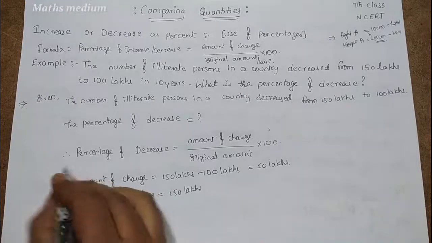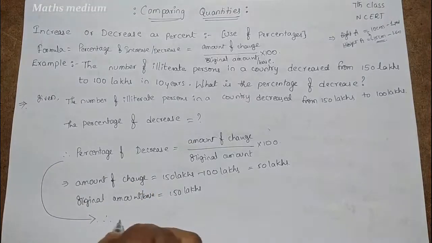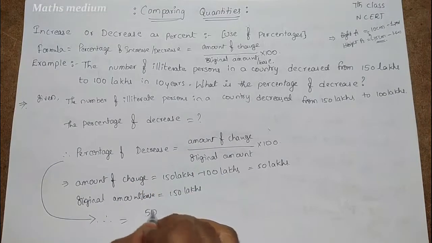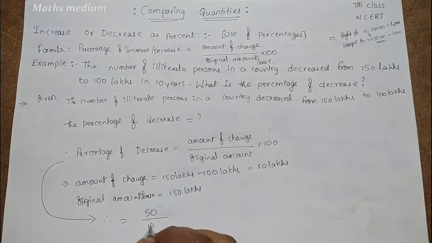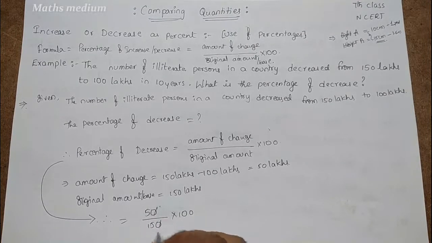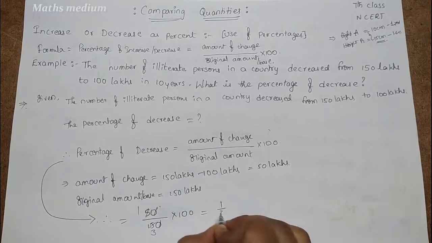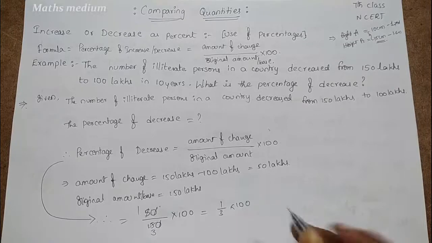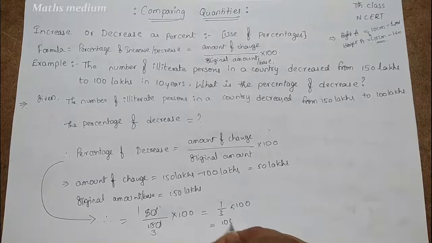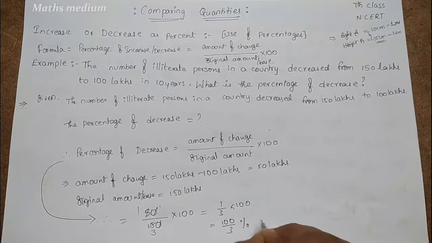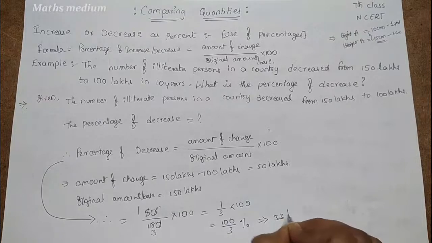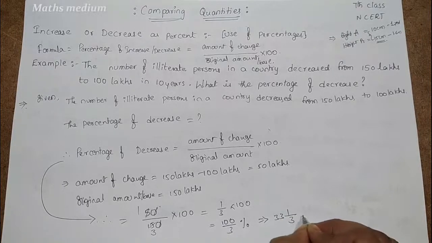Therefore, this formula applies here also. Amount of change is 50 lakhs divided by 150 original into 100. So now 0 gets cancelled. 5 ones are 5, 5 threes are 15. It means 1 by 3 into 100. It means 100 by 3 percentage. Therefore, 33 1 by 3 is the answer.